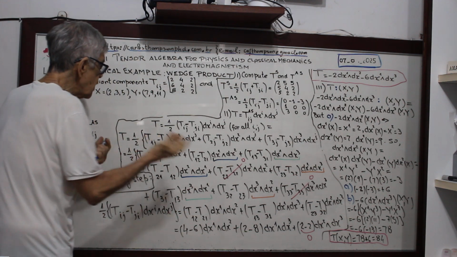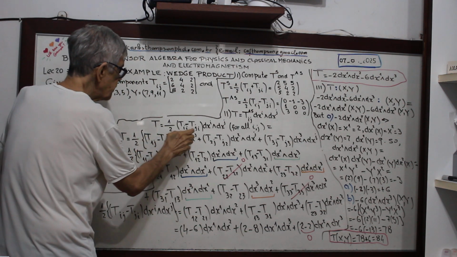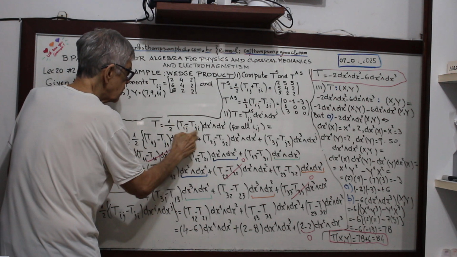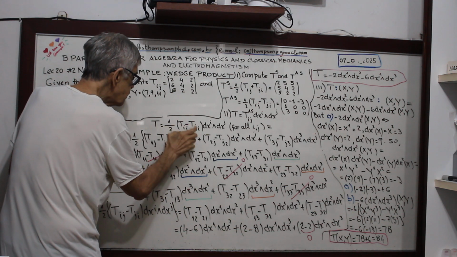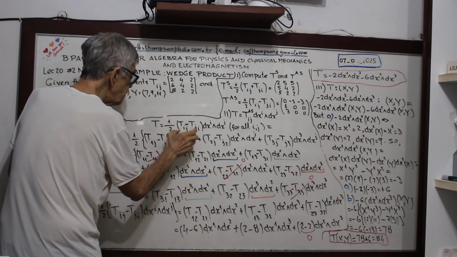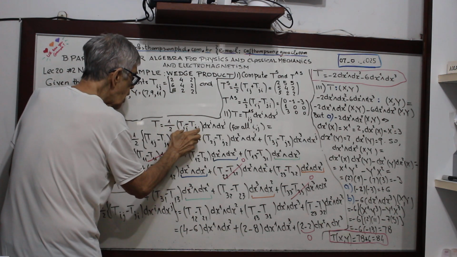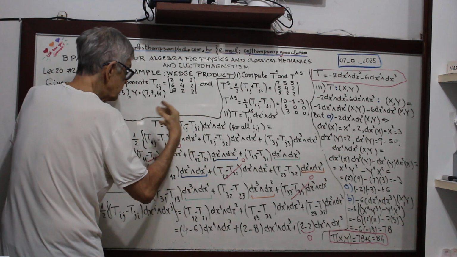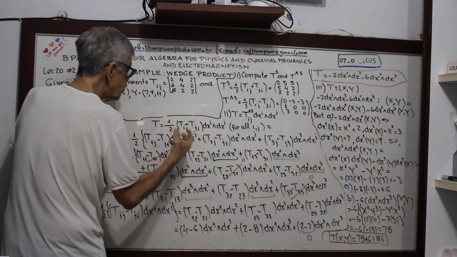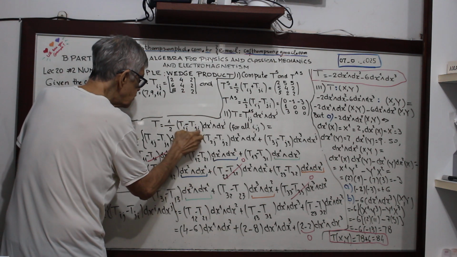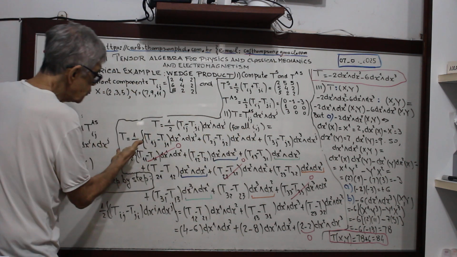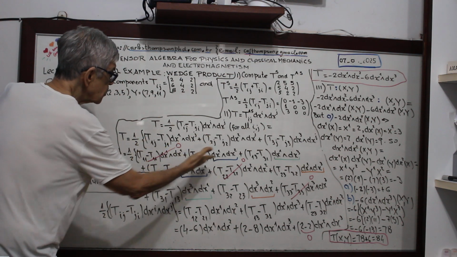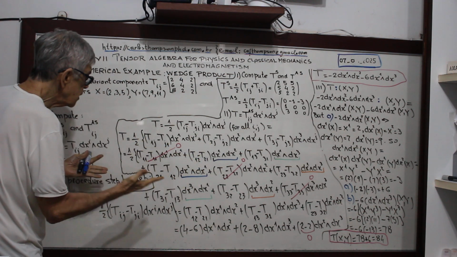So first I add, these are dummy indices. I just develop for i equals 1, i equals 2, i equals 3. And then for each term I develop j equals 1, j equals 2, j equals 3. You just look at here and copy.